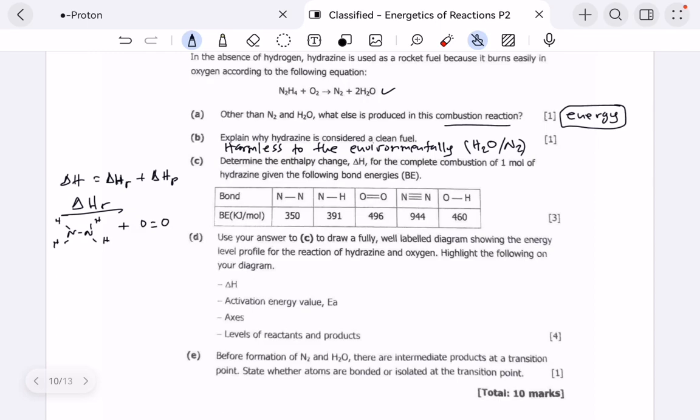So here, in terms of bond energies, we have a nitrogen to nitrogen bond, which is giving us a 350. Then we have the nitrogen to hydrogen bond. Remember, these are 4.